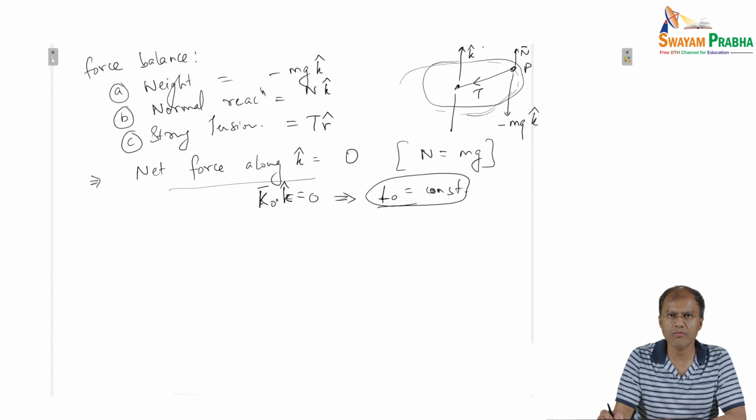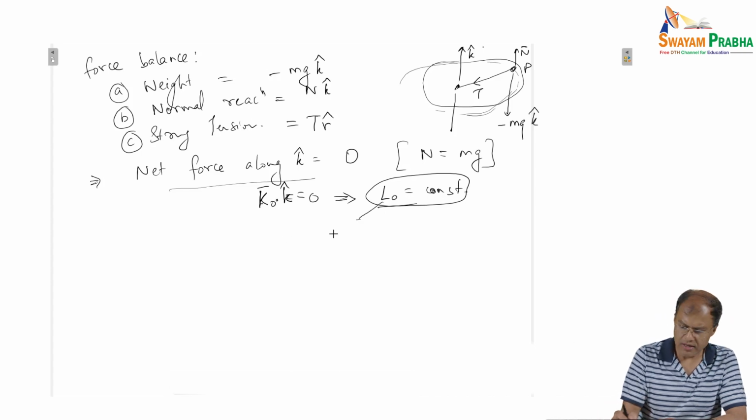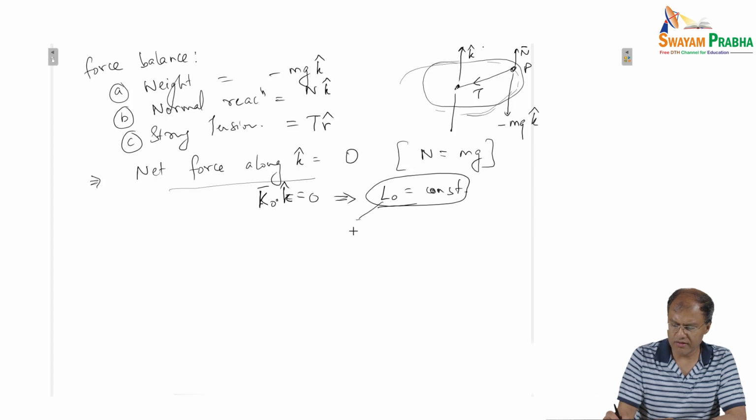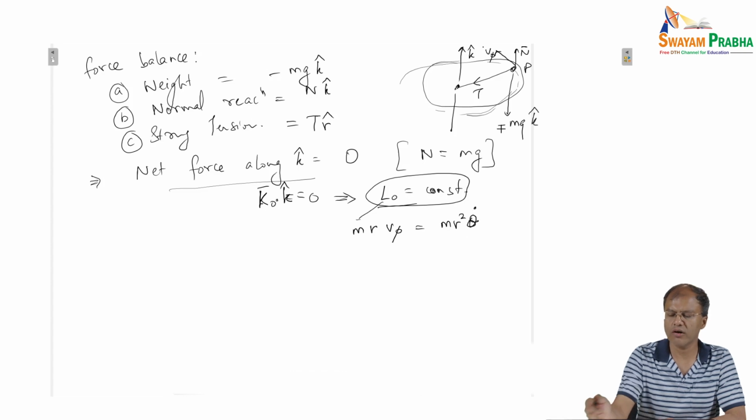So let us write down the angular momentum. The formula says this is going to be m r v phi, where v phi is the tangential component of the velocity. So m r v phi is m r squared theta dot, where theta dot is the angular velocity of the particle.